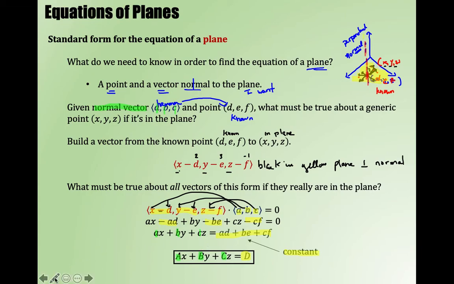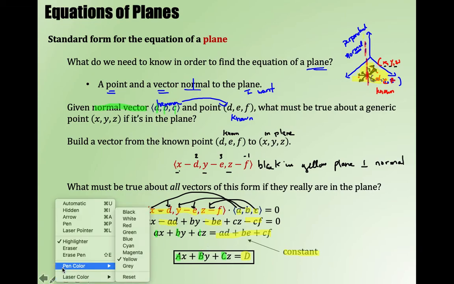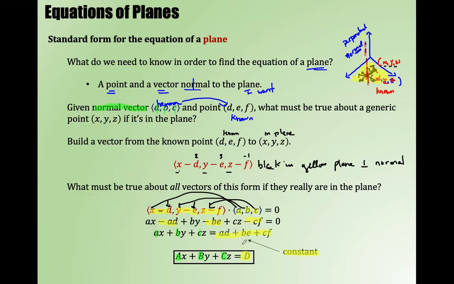There are times when you will see, and sometimes I'll write it this way as well, just like if you remember the standard form of a line, sometimes you will see this.